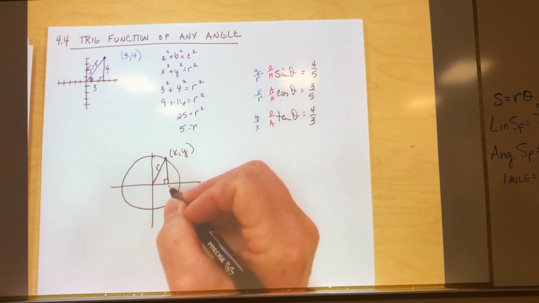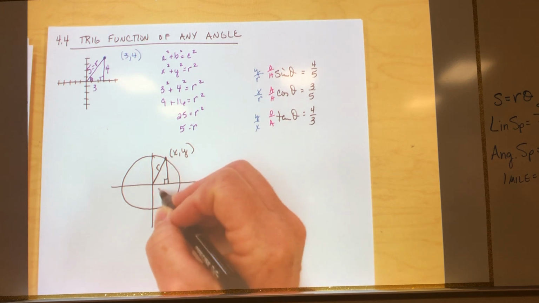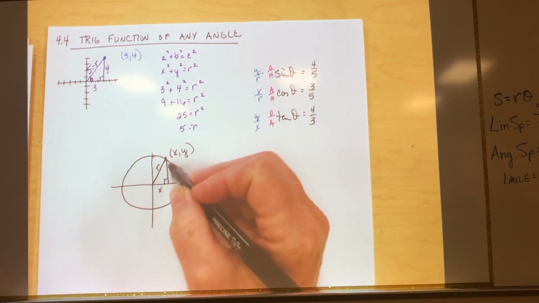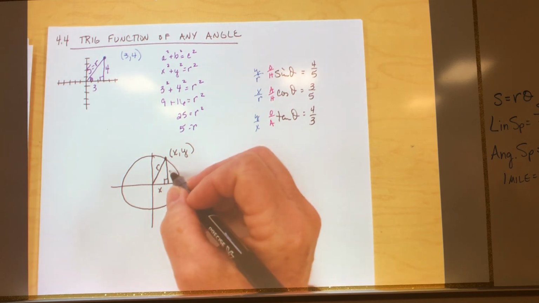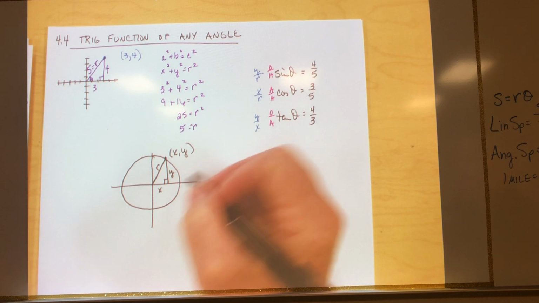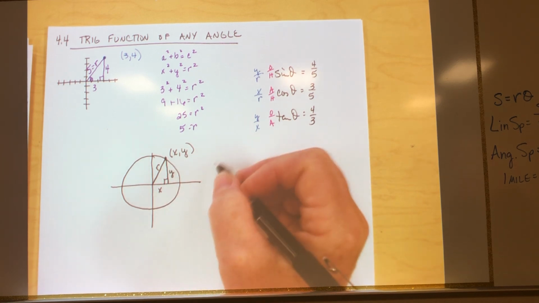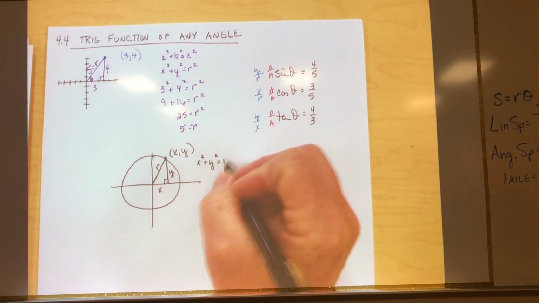And then this side running along the x-axis is going to be this x value. This side that runs parallel to the y-axis is going to be my y value. And now I have my x, y, r. What's the relationship between x, y, and r? Yeah, x squared plus y squared equals r squared.